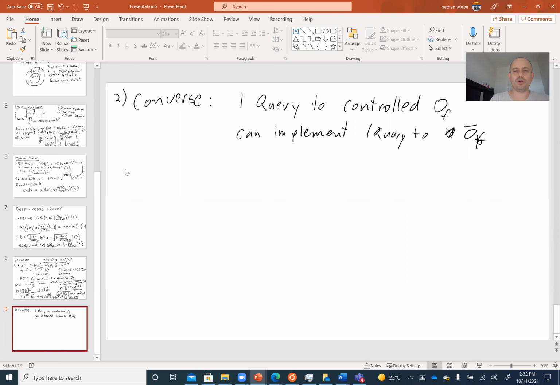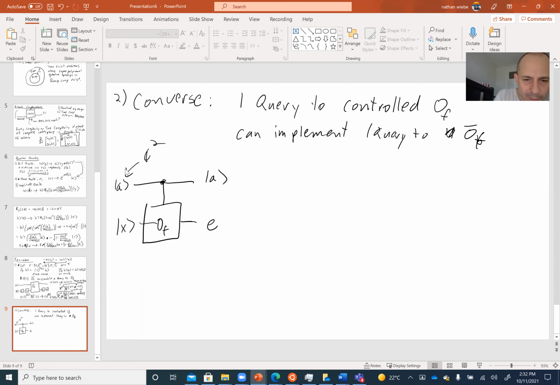And so what I mean by a controlled version of O_f is the following. Let's imagine that I've got a state |a⟩ up here. This is just a single qubit space, and I've got |x⟩ down here. A controlled query will end up working as follows. This would be controlled O_f, and then the result that we'll get back out will be |a⟩ e^(iπ f(x) a) |x⟩.